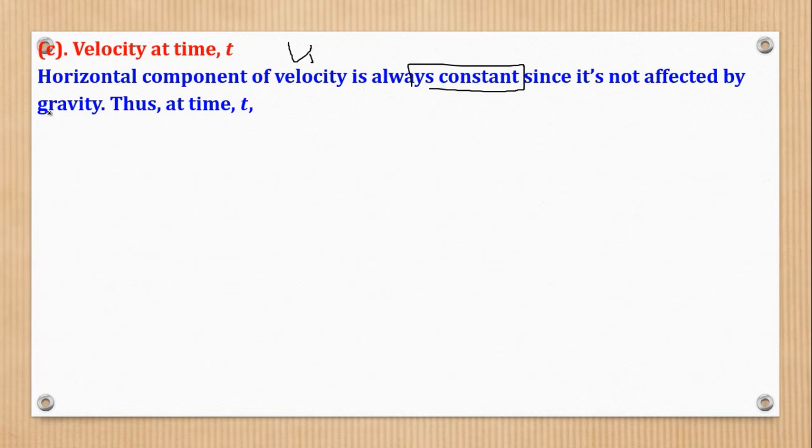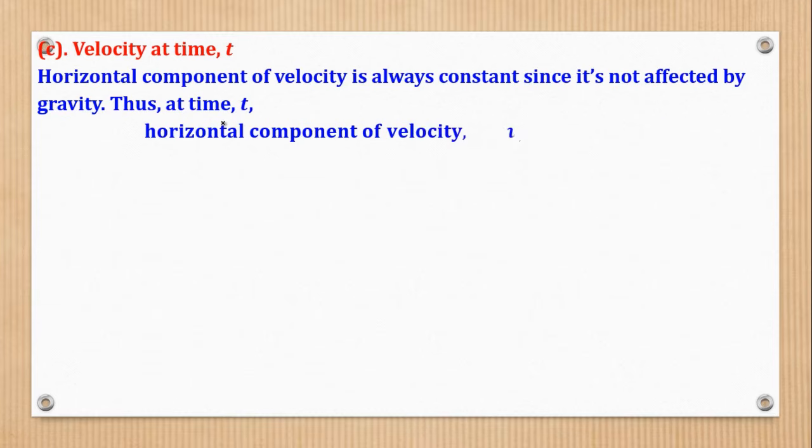And why is it so? It is because it is not affected by gravity. Remember, gravity is vertical. Therefore, the horizontal component is not affected by gravity. That is why it is constant. So Vx is equal to Ux, which is equal to U cos theta.